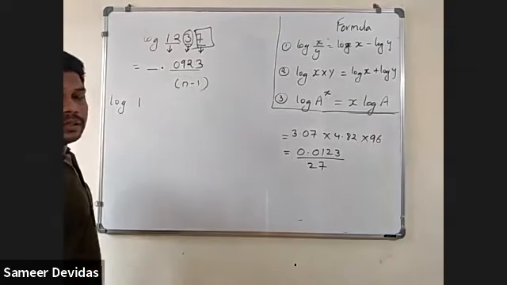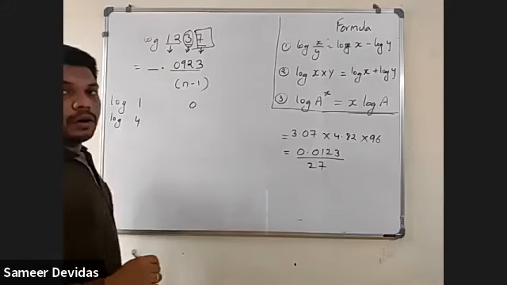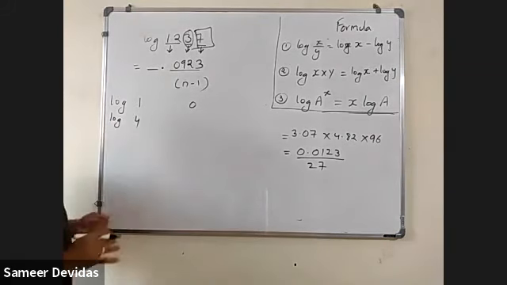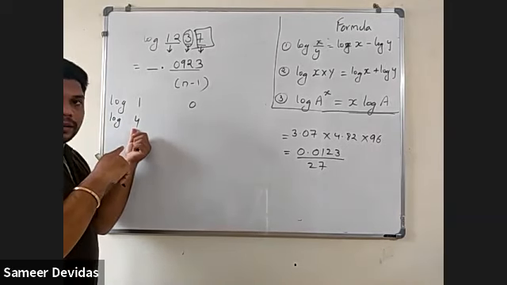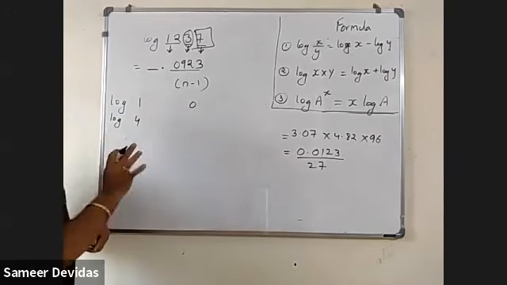What is the answer? 0. Again, log of 4. This is the problem. Now 4 is again only one number here. Am I right? Yes, sir. Don't think that it is 1, 2, 3, 4. Don't see that. You count how many digits are there.